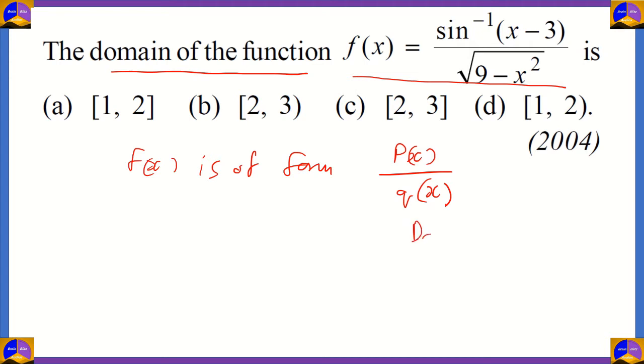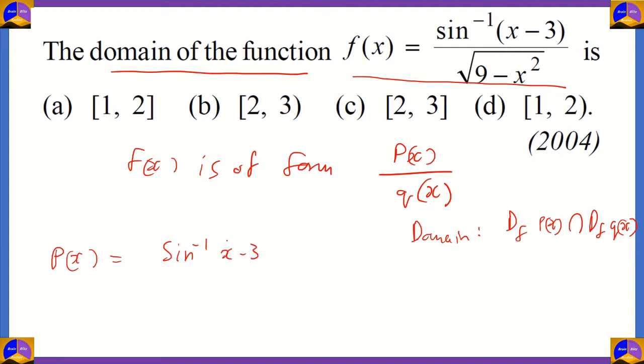Therefore the domain of this function can be written as the domain of function p of x intersection with the domain of function q of x. Now let's look at each of these functions, p of x and q of x. On comparing, p of x is equal to sine inverse of x minus 3.